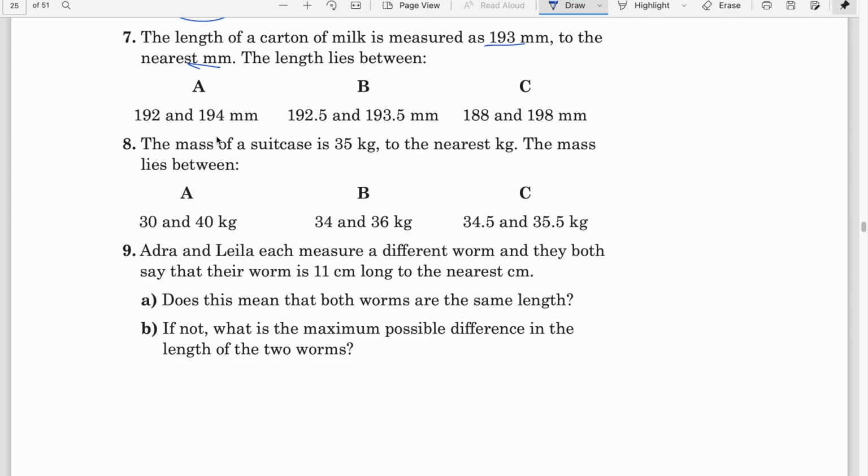You're still thinking, the answer is right in front of you. Exact value is given, 193, right? What is the accuracy? B, yes. Nearest millimeter means half of that. So this is B.